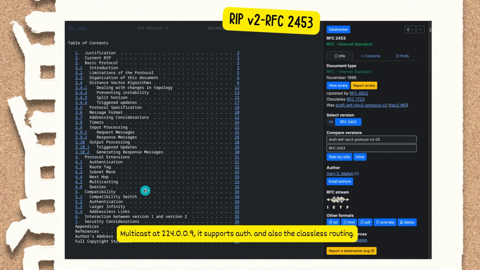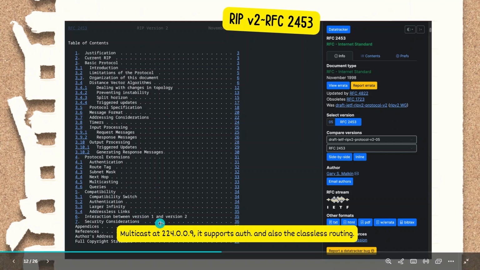The routing updates were now not broadcast, they were multicast at 224.0.0.9. So this was the reserved multicast address for RIP packets, and it also includes support for authentication, and it has classless routing support.